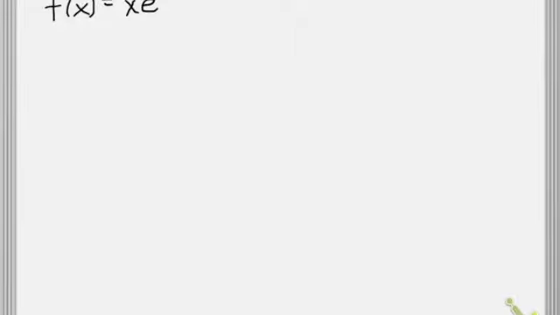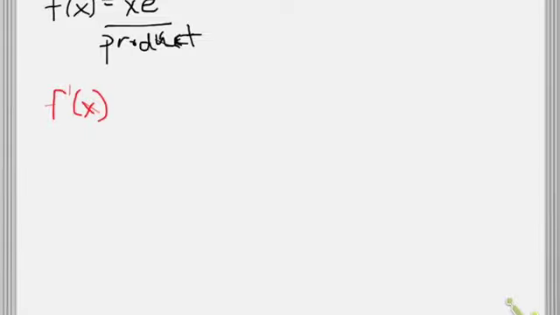Let's look at this function. All right, if we read it to ourselves, we have f of x equals x times e to the x. So again, notice as I teach you guys, let the English drive what you're going to do. So we have x times e to the x. So we know that here we're going to have product rule. Okay, so what is product rule?